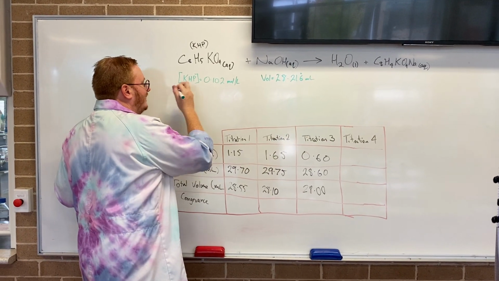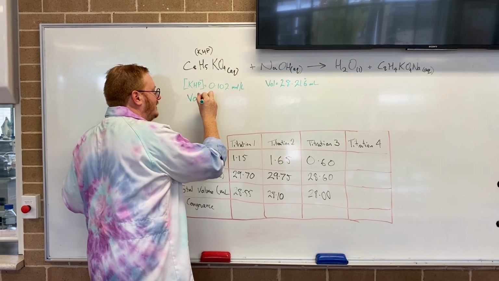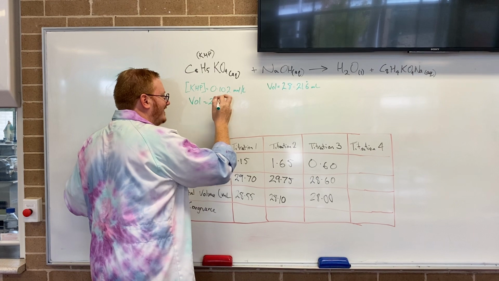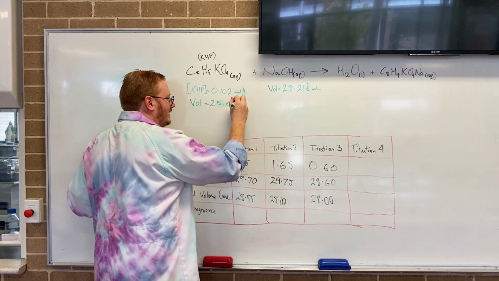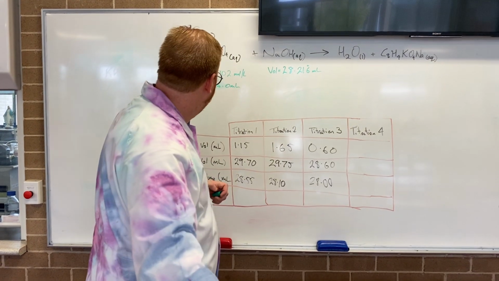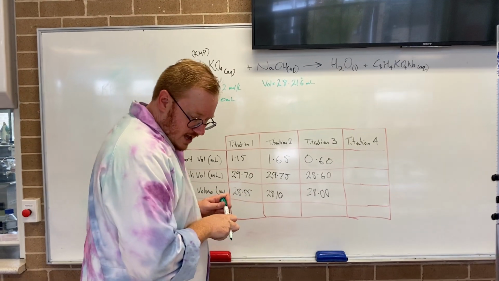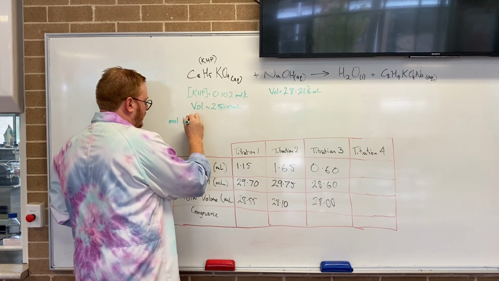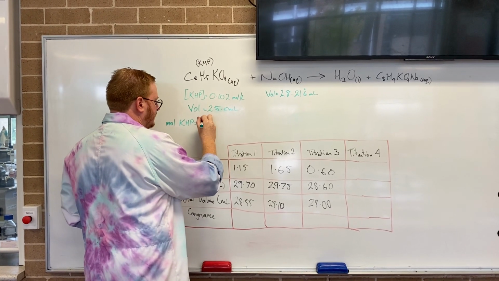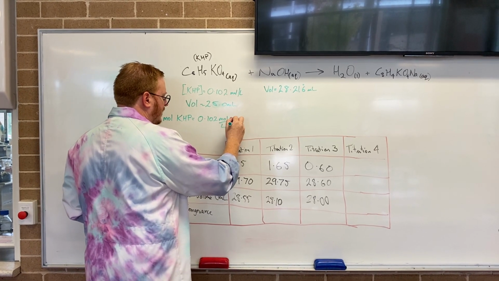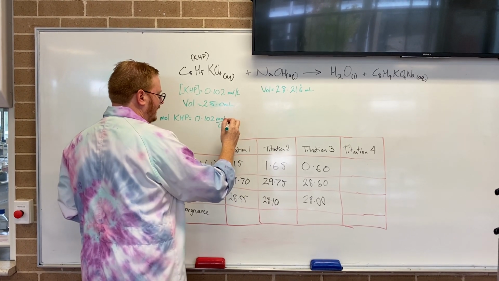The volume of KHP we added, 25.0 milliliters all the time. That's how much we put into these at the start. Okay, so we can work out our moles of KHP that we had. It's going to equal our concentration times our volume. Mole per litre times our volume to make sure that the litres cancel out.